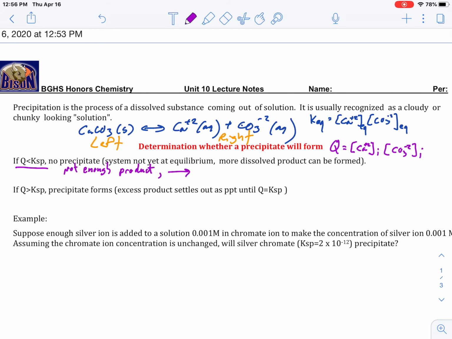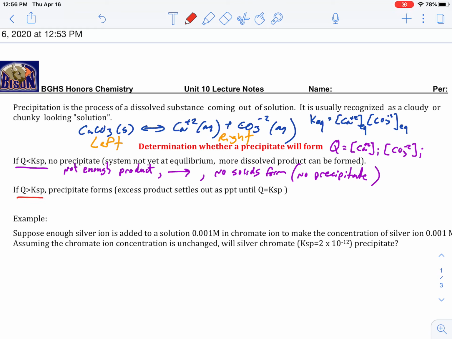It's going to shift to the right. Now, if it shifts to the right, all of your products on the right side are ions, so you will see no solids. No solids form. No precipitate.